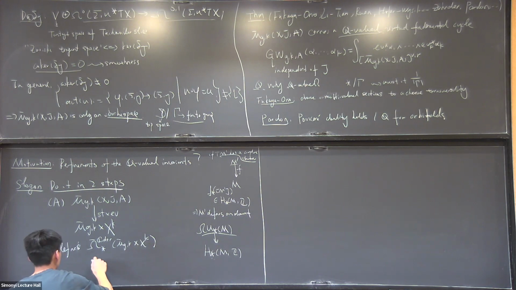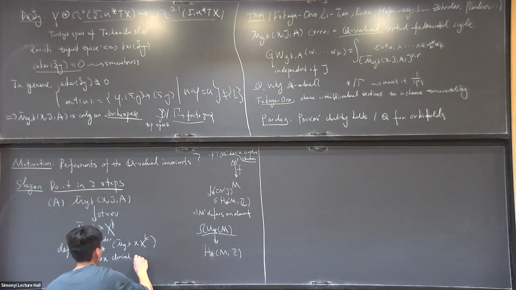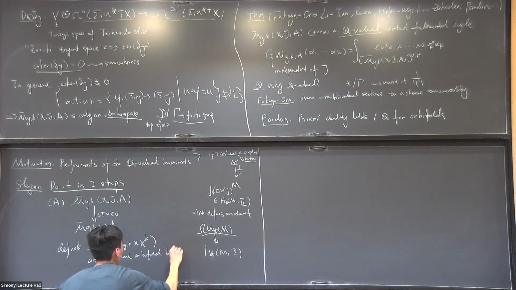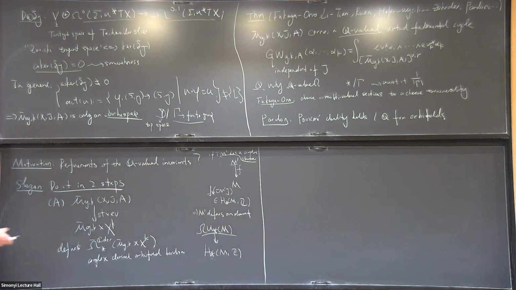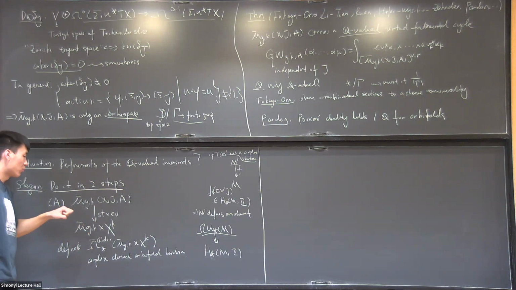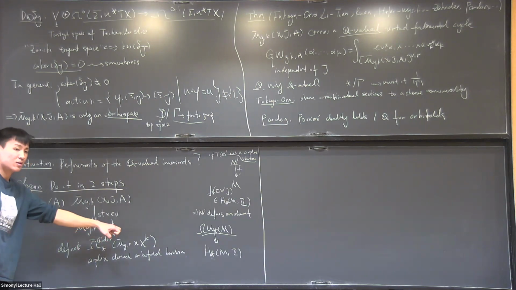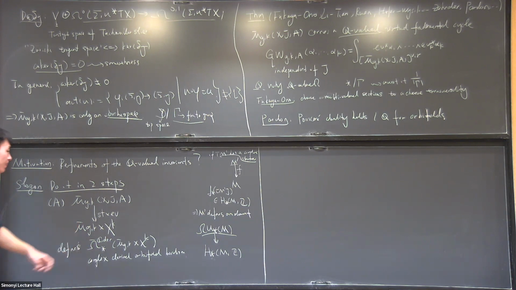So let me write the terminology down and I will explain what it means. So this is the first step. Somehow we just look at this moduli space together with this map, and it can define some kind of bordism class of the topological space.